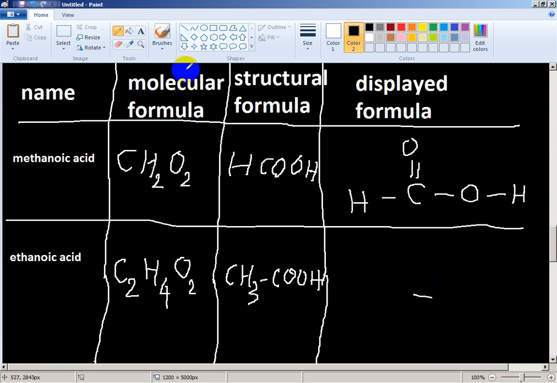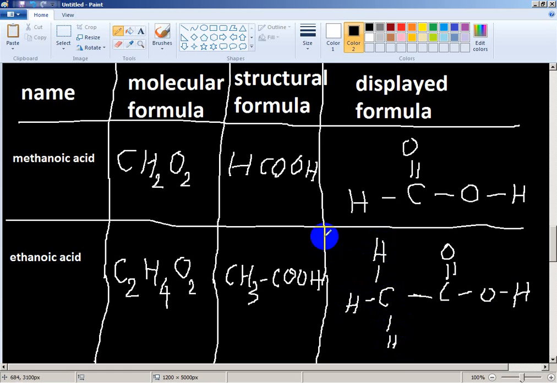And this carbon contains 3 hydrogen: 1, 2, 3.